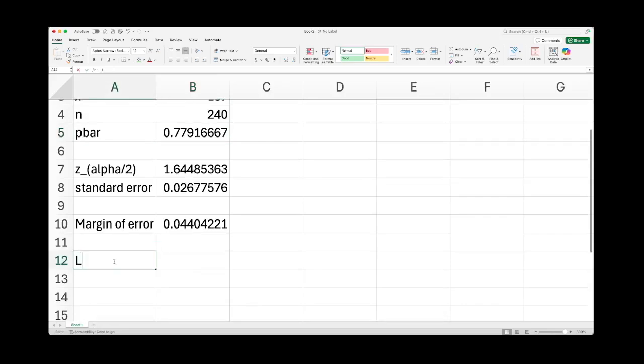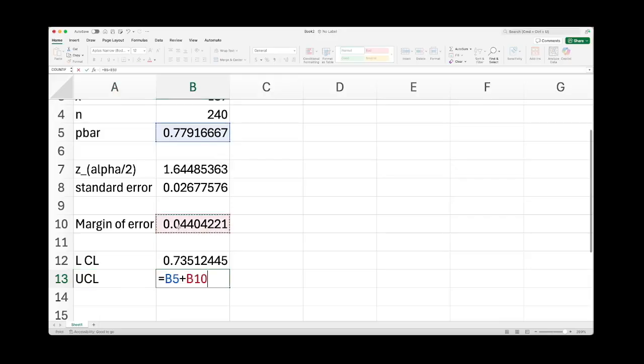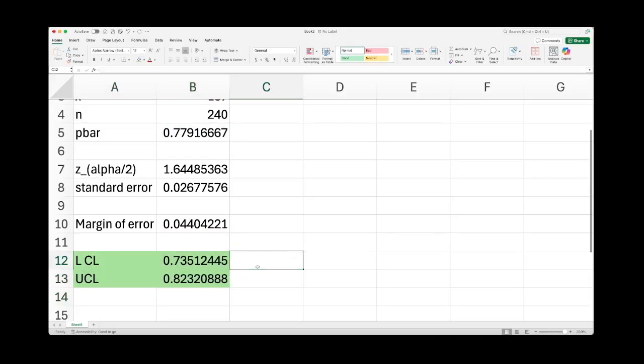Our LCL would be p bar minus this margin of error, and the UCL will be p bar plus this margin of error. It's always good to pause here and make sure our numbers make sense.